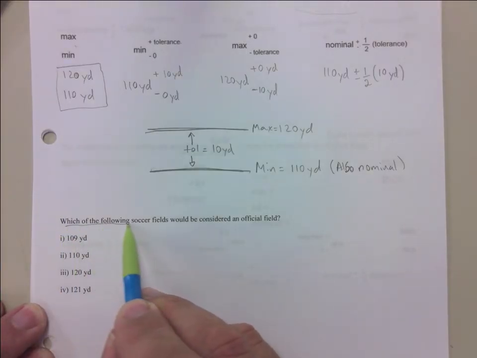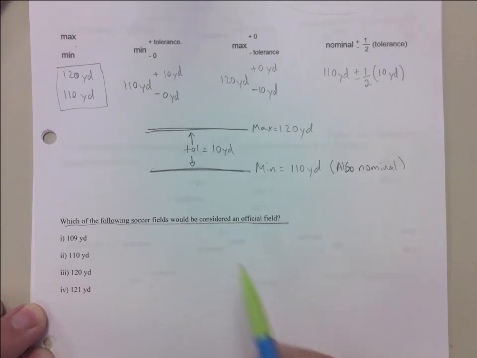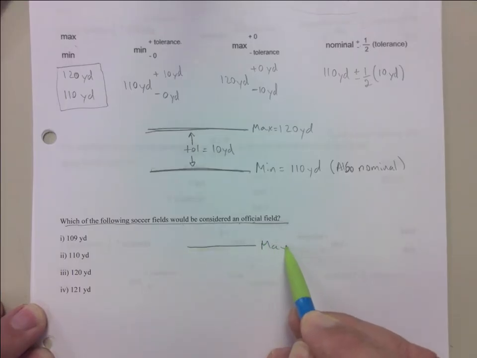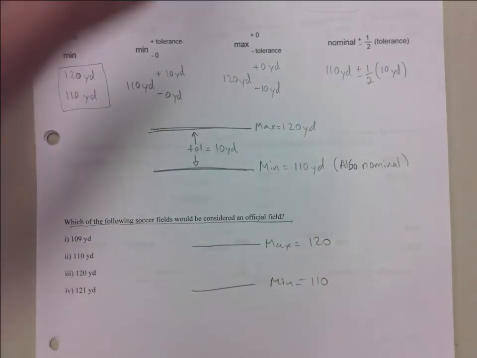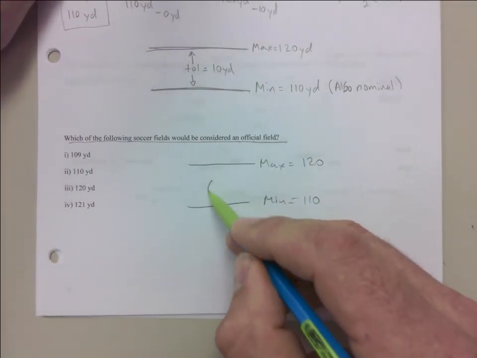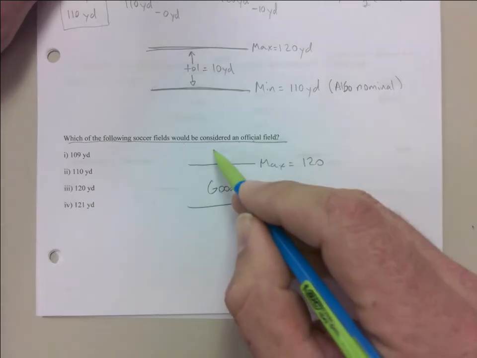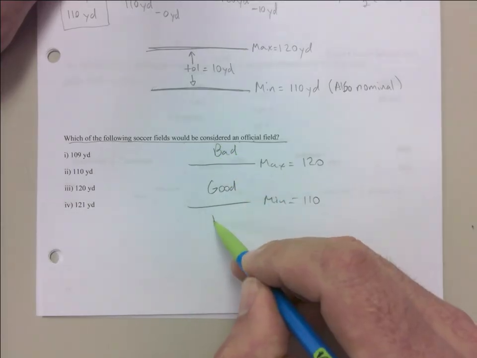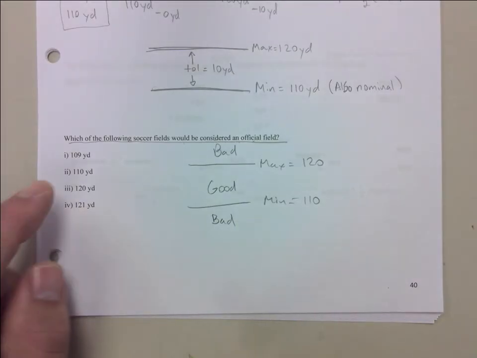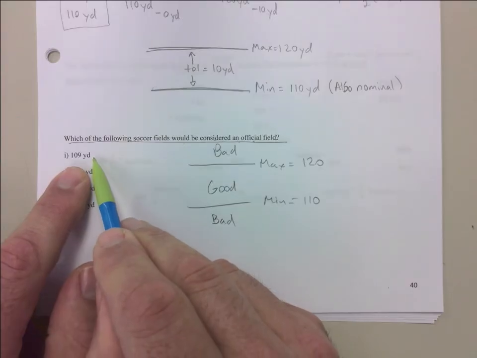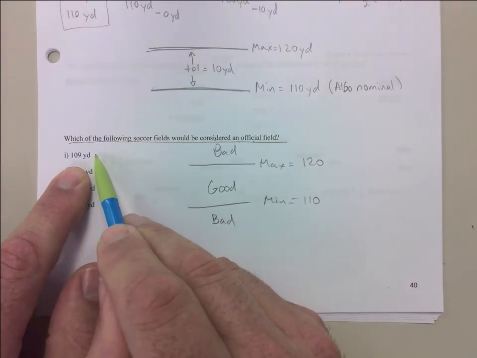If I asked you which of the following soccer fields would be considered an official field. So you have your max, which is 120. You have your min, which is 110. Anything in between is what we call good, acceptable. If it's too long, it's bad. If it's too short, it is also considered bad. Would 109 be considered an official field?